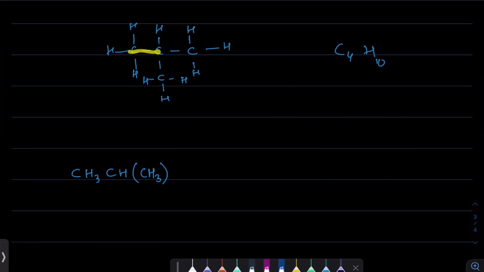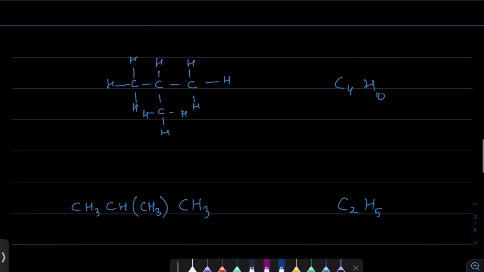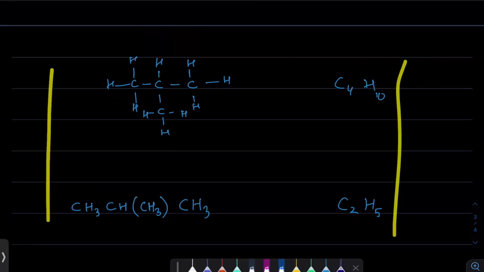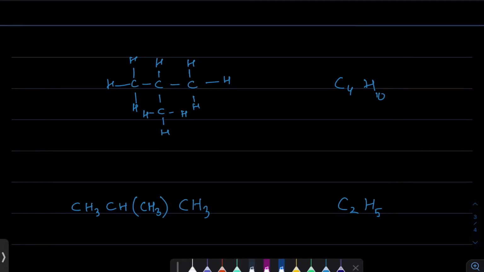Now I go back to this, and the next carbon has 3 hydrogens. Now this structural formula is very different from the previous structural formula. But the empirical formula is still the same, C2H5. So do you see that even though these two formulas are the same, these are different. And that's why this one is an isomer of butane.